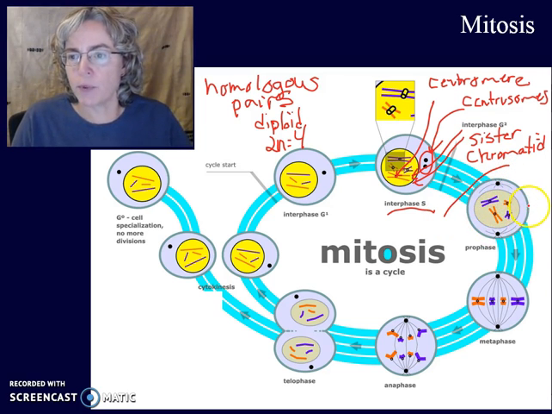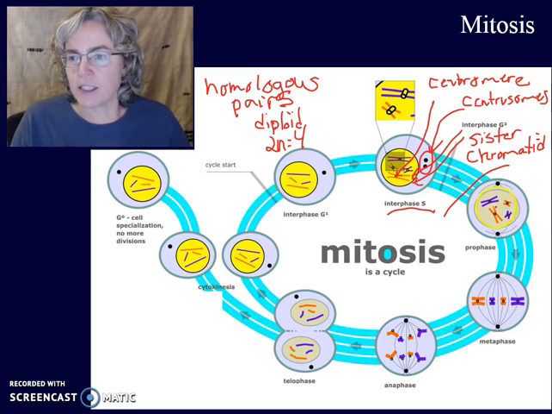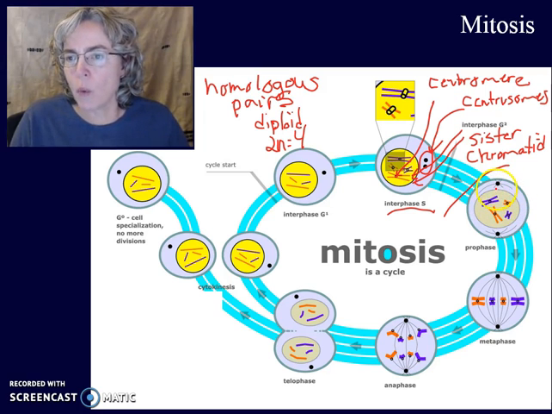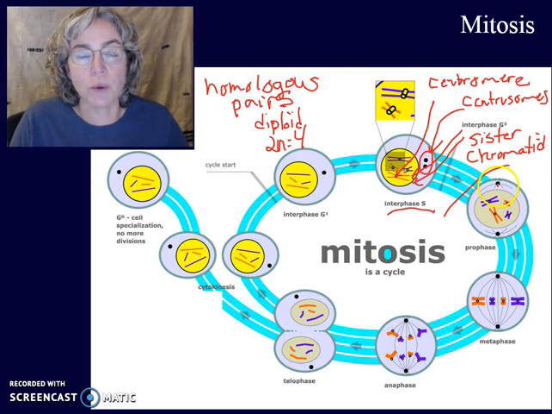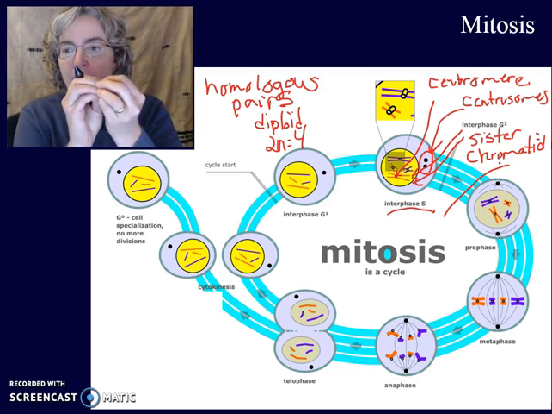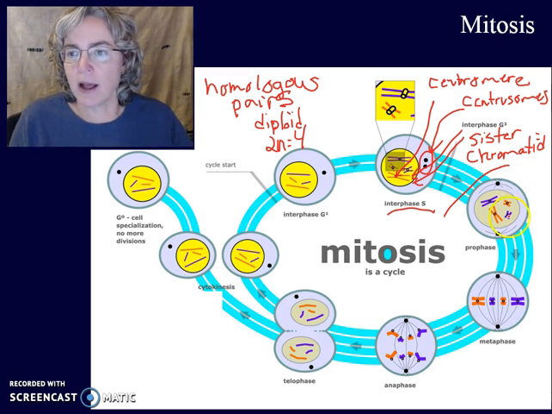We're going into prophase. So there are some events that are happening here that identify this as prophase. One is that the nuclear membrane is starting to break down, so that you can see the chromosomes. The chromosomes are changing from chromatin form to chromosome form, which means they're getting all folded up and bundled up so that it's easier to move around the cell.